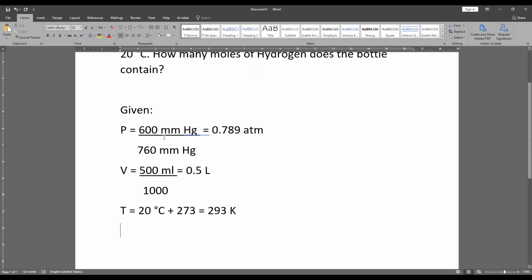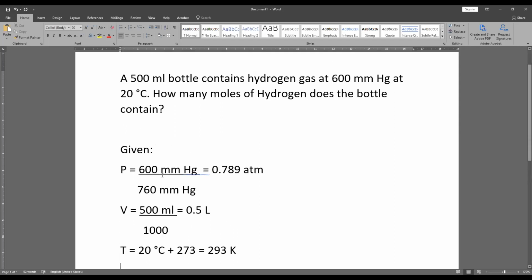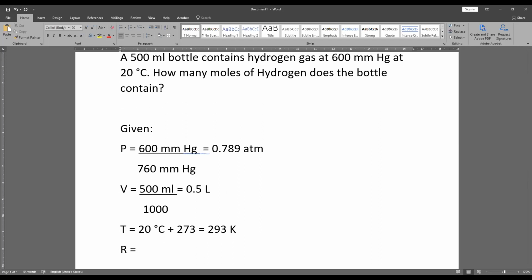And what is the last given? The constant variable? Proportionality constant. Okay.